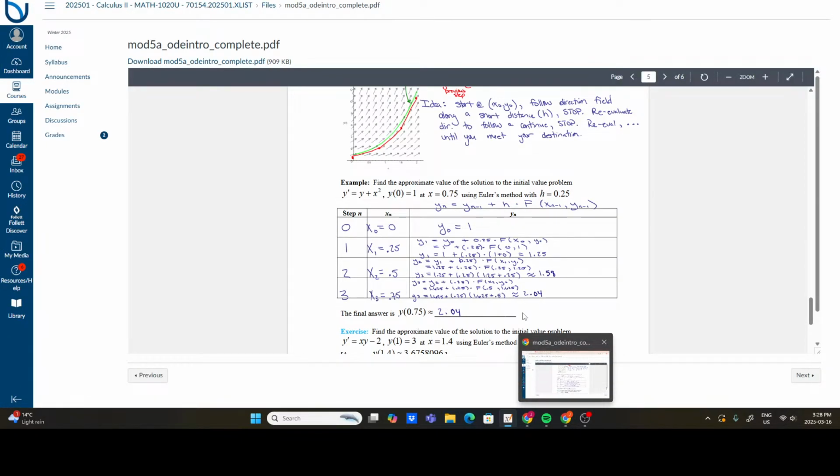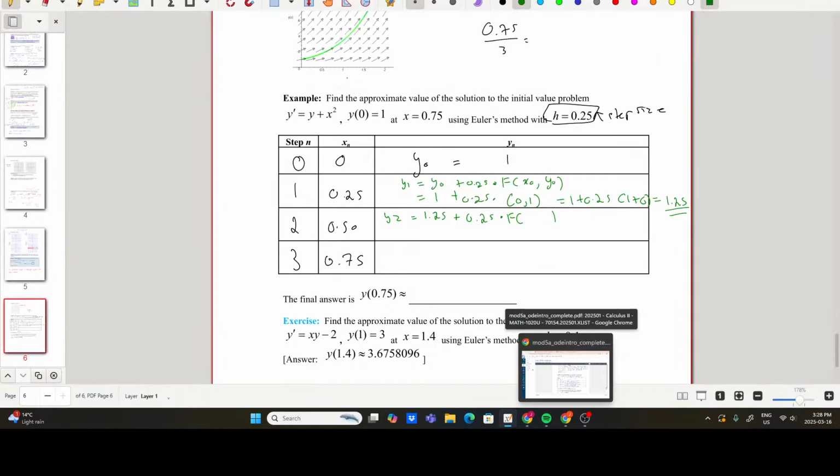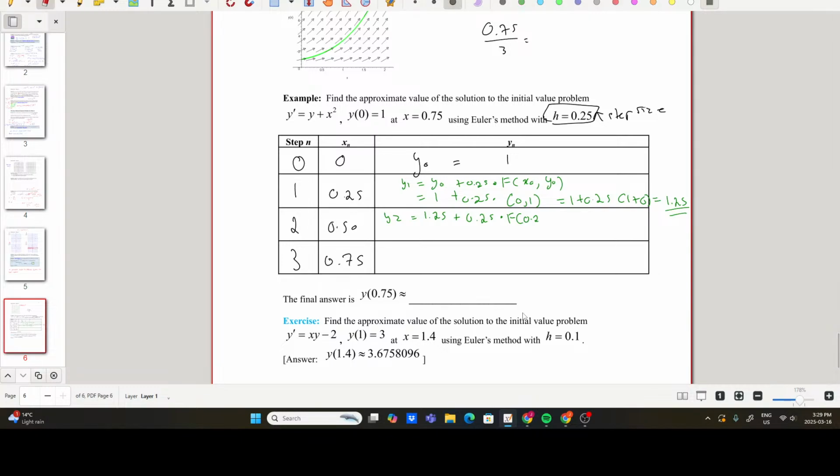We're going to increment these as well. The 0, 1 is going to be incremented to 0.25, 1.25.